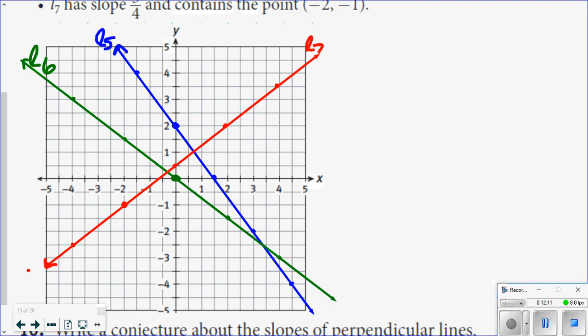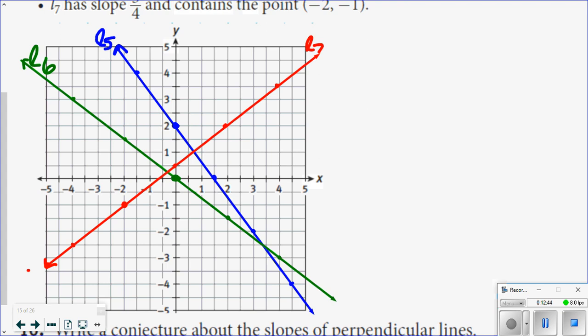So question 9 says, which lines appear to be perpendicular? Well, we need to talk about what perpendicular is. Okay, perpendicular means that the lines cross to form 90-degree angles.